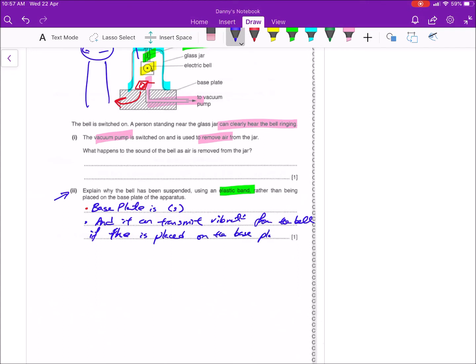Okay, and then if you want to elaborate more, you can hear the sound through the base plate. So hence sound can travel through the base plate. Again you can see that to get 1 mark you need to write a lot.